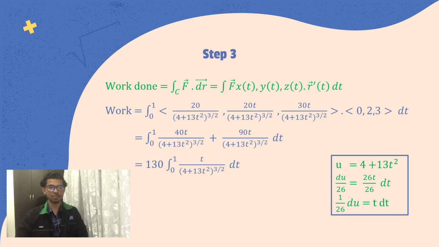Then we substitute 1 over 26 du, which equals t dt, into the formula, which is 130 times the integral from 0 to 1 of 1 over 26 u to the power of negative 3 over 2 du. Then it becomes 130 over 26 times the integral from 0 to 1 of u to the power of negative 3 over 2 du.